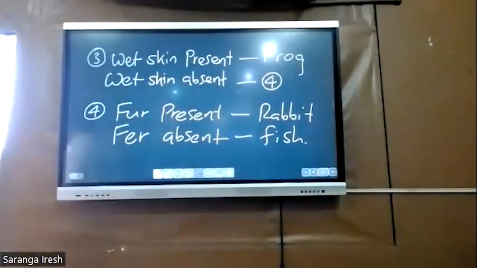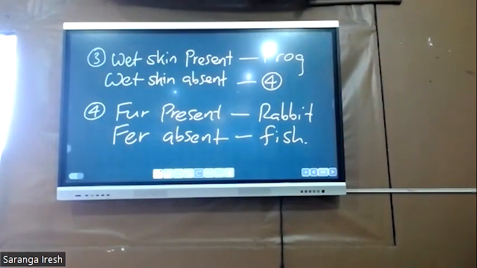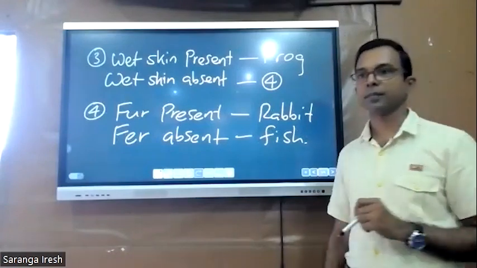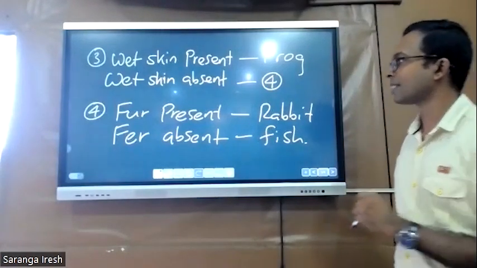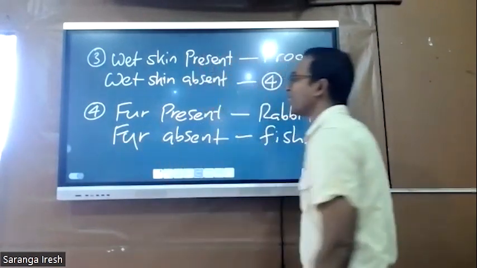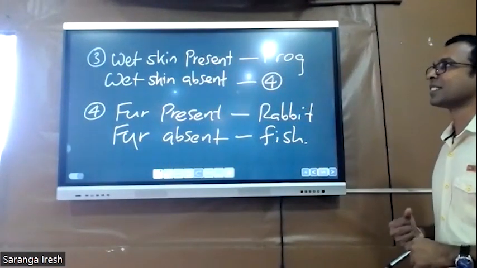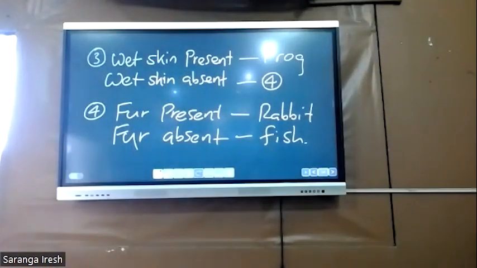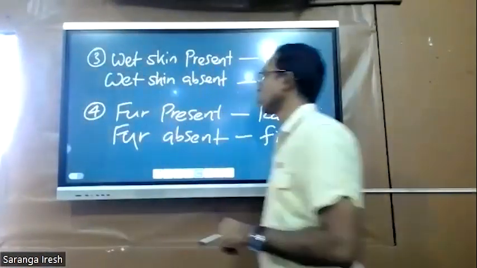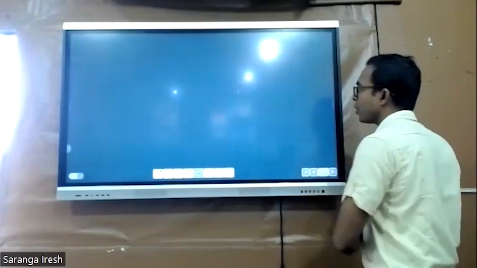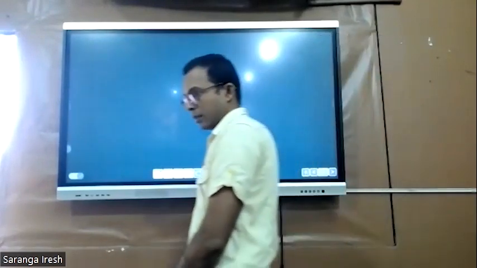Right. This is one of the dichotomous keys I can use to classify the organisms. Okay. Now I write down my second list. This one you have to do by yourself.